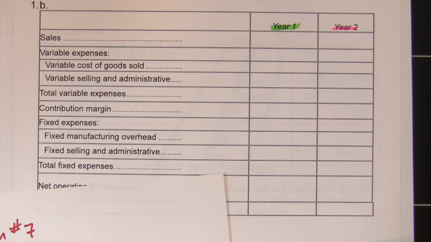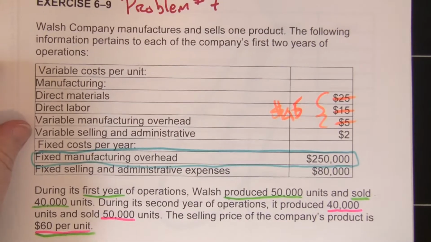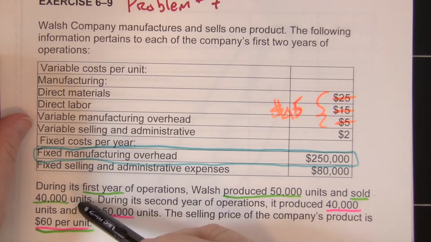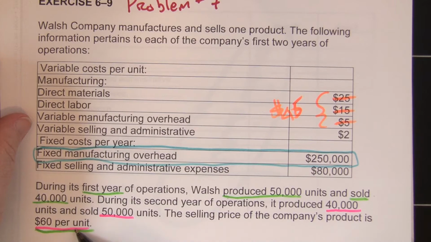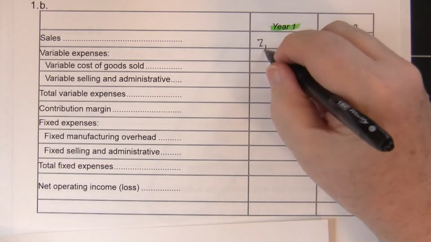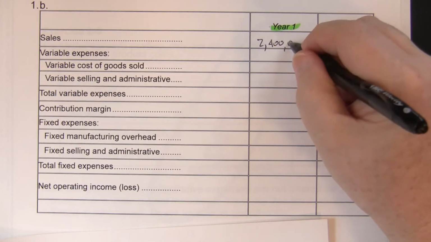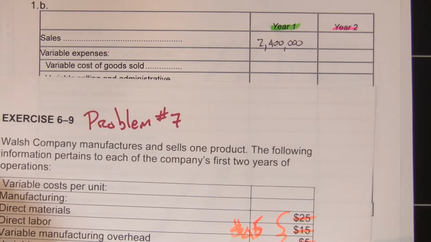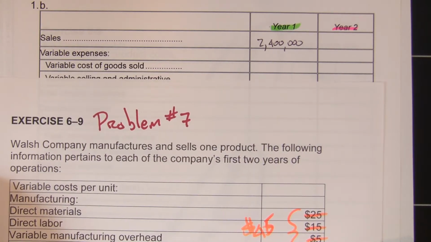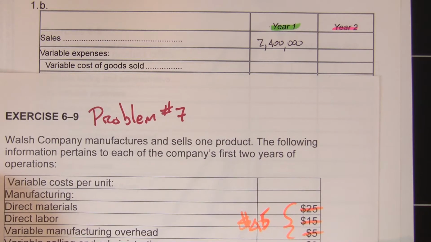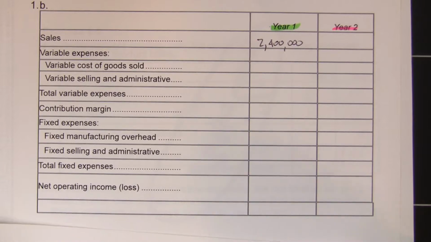Okay, so year 1, they sold 40,000 units at $60 per unit. Per unit, that's $2,400,000. The variable cost of goods sold is 40,000 units times $45.